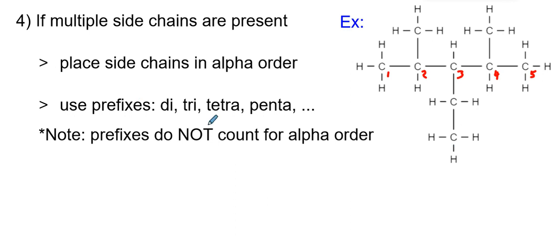In this case then, we can write the name of this, and I'll start over here to give myself some space. Ethyl comes before methyl. So we're going to start with the 3 ethyl, and then it's 2,4 dimethyl, and then it is pentane.